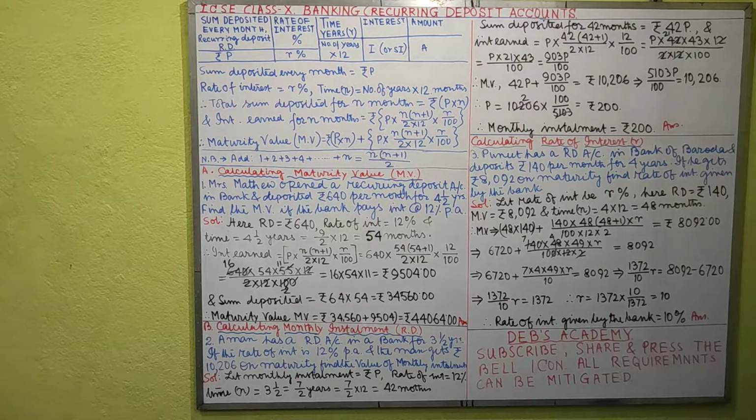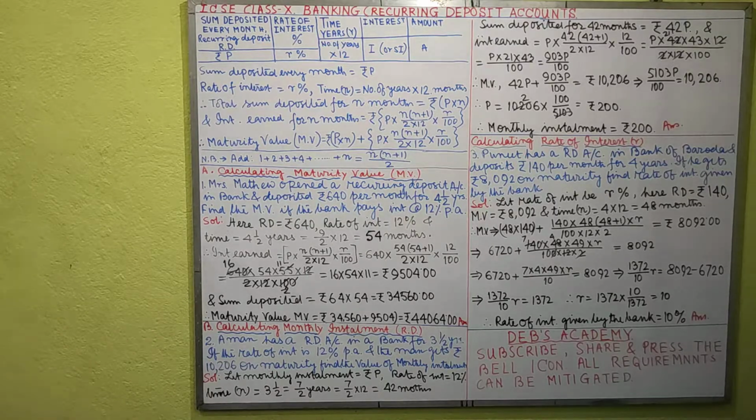The time which will be given here is number of years into 12, because in each and every month the recurring deposit, that means the installment, which is a constant amount of money, is deposited.